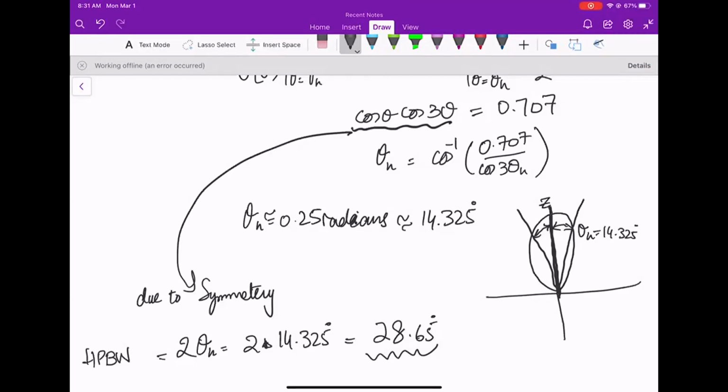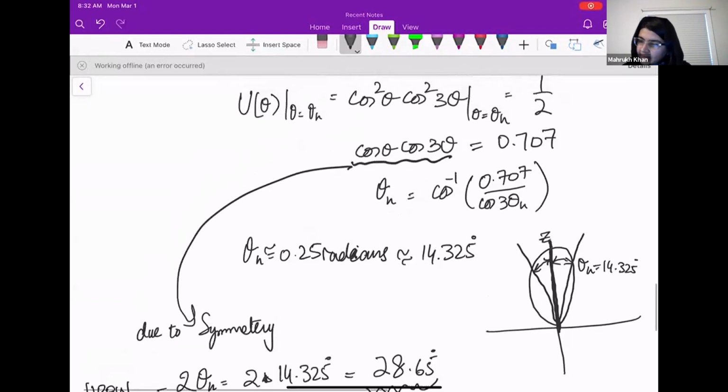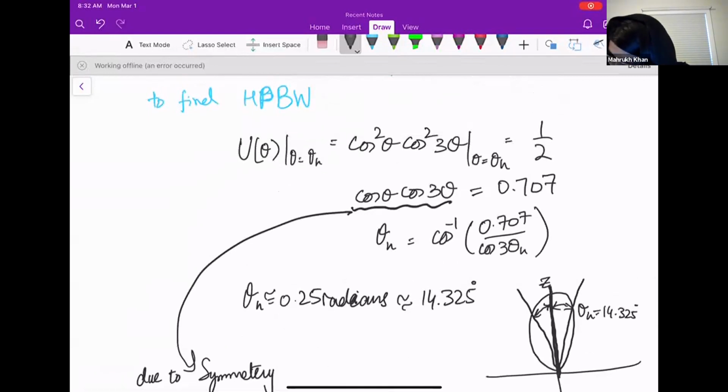How would you solve for theta h if you have that variable inside the expression as well? Yes, I'll tell you. One more thing: this is theta h because it's at the half power point.